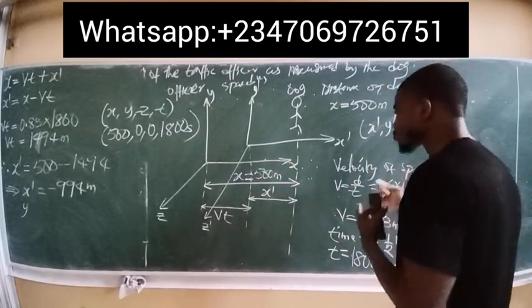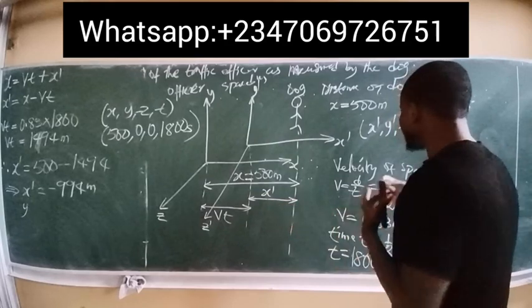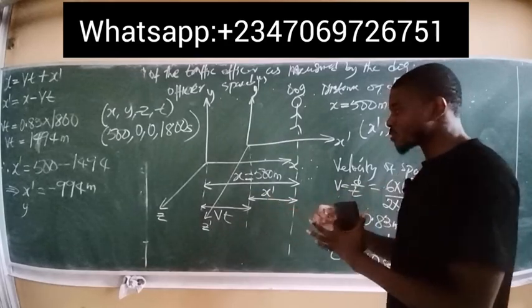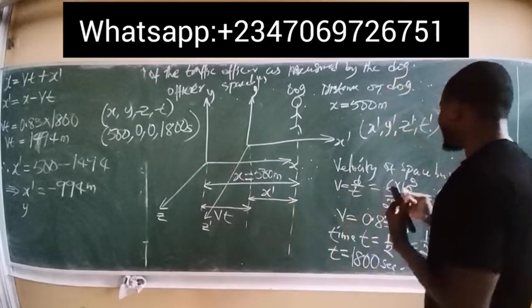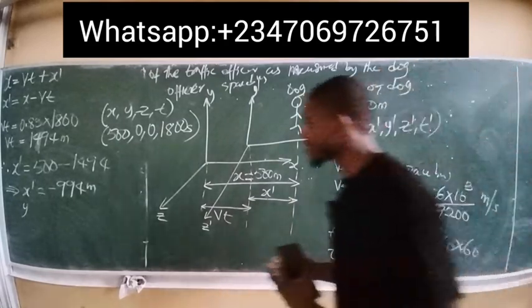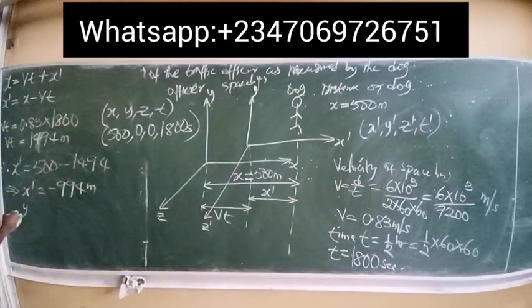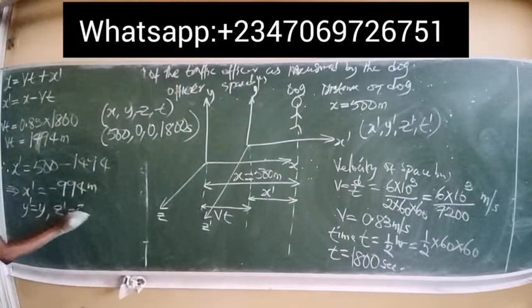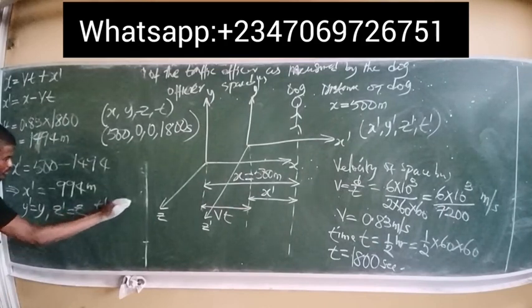Also, z prime is z, since motion is not on the z-axis. t prime also remains the value of t. So y prime is y, z prime is z, and t prime is t.